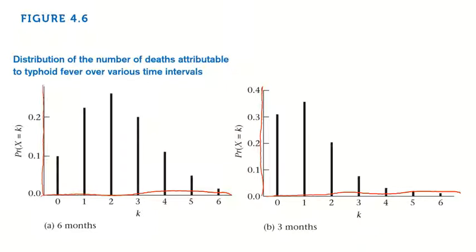These two graphs differ in that a longer time frame is considered here. This is for 6 months, while a shorter time frame is seen in the second, only for 3 months.